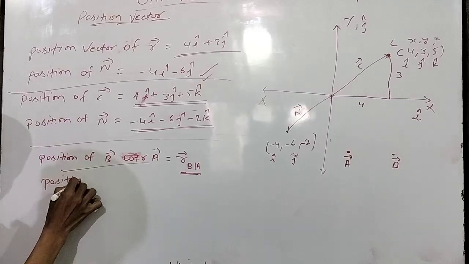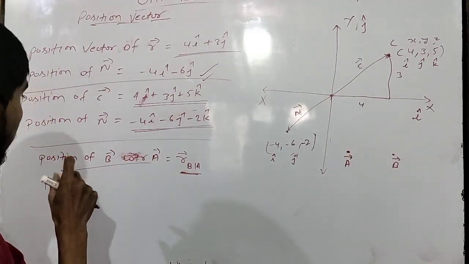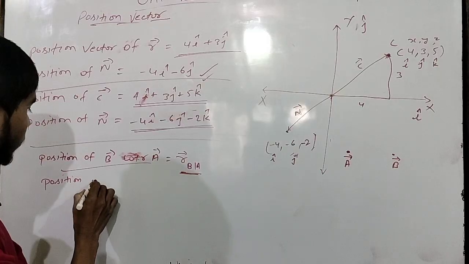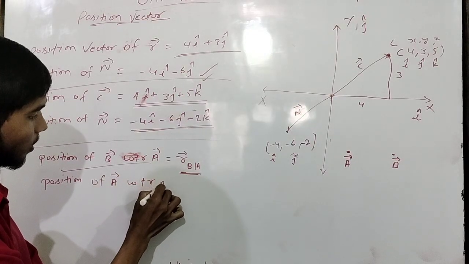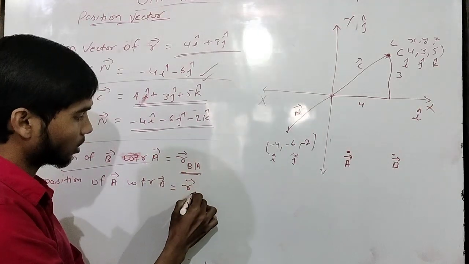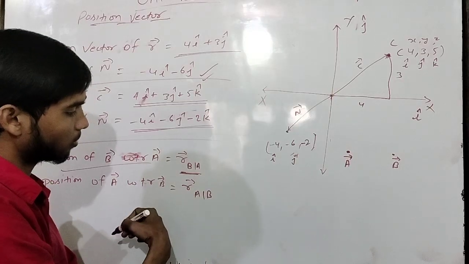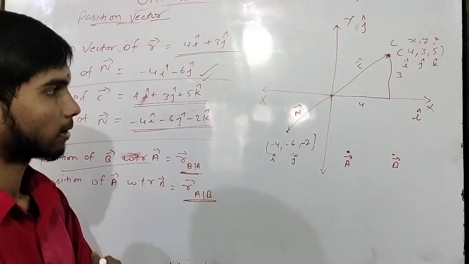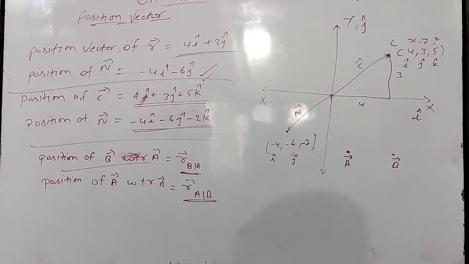Now it can be asked the other way: position of A vector with respect to B vector. In that case, it is just the opposite of this, the position vector of A with respect to B vector. Clear? That is how you will write.